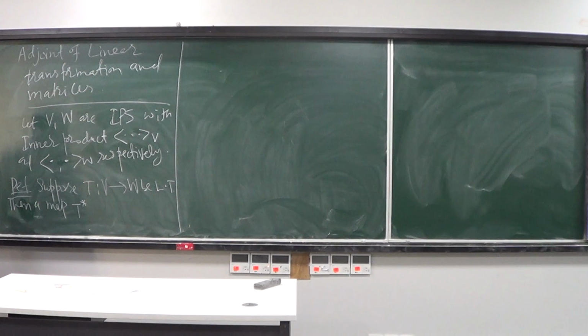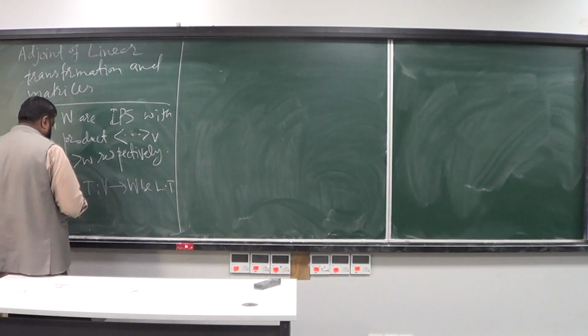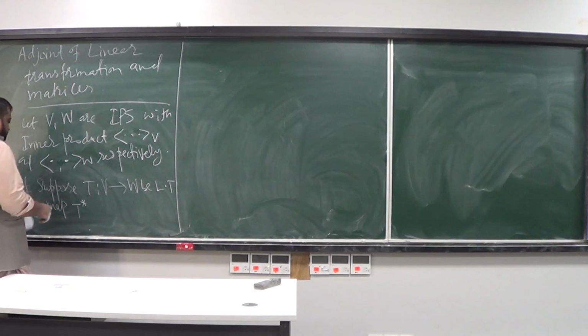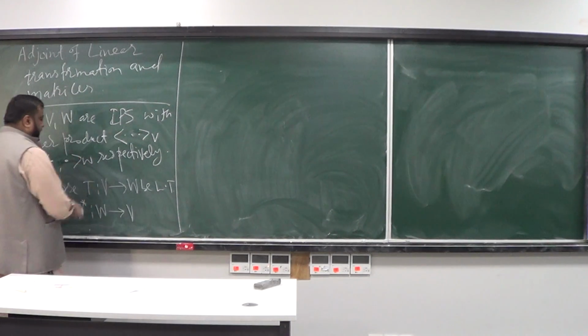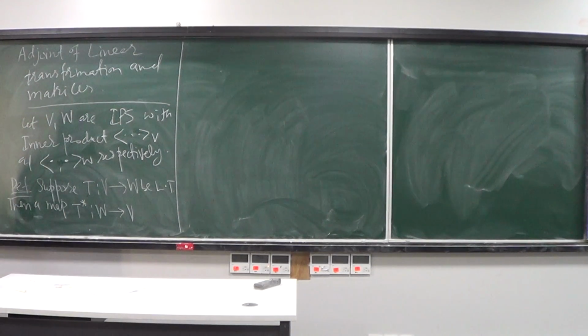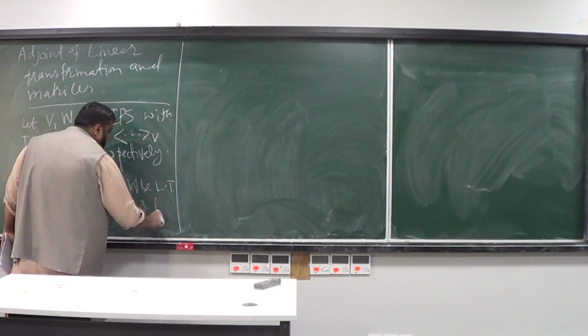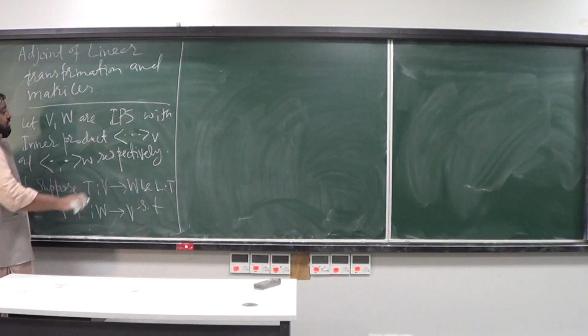So for the adjoint of the map, I'm going to use T star. T star is a map from W to V. So if T is a map from V to W, then T star, the adjoint of it, is going to be a map from W to V, such that the following is true.